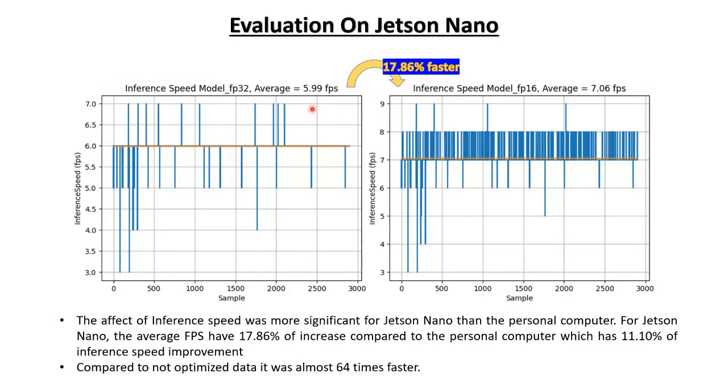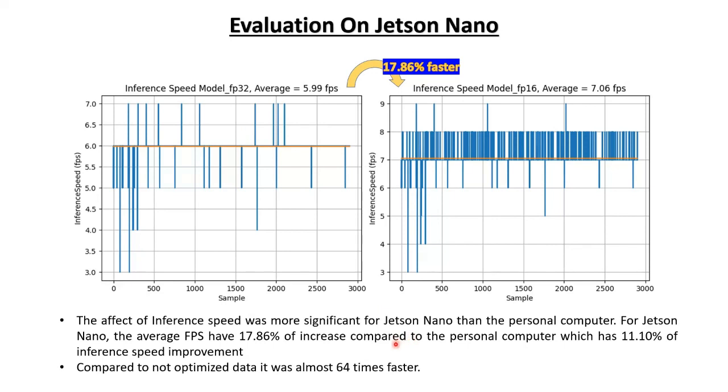But the good news is that with lower floating point precision, the FPS or the speed also increases a lot. As you can see here, the average FPS for the 32-bit was 6, and it increased by 1 FPS for the 16-bit model, which was good. There are a lot of existing models which give better performance, but still, it is better because you have done it all by yourself.